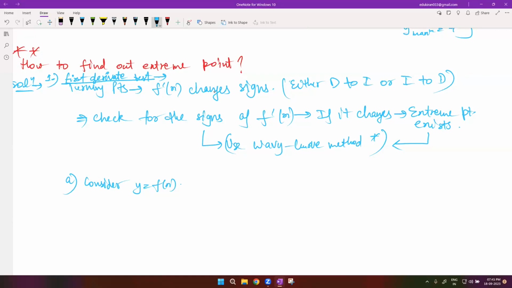And it was first increasing and then decreasing. If it happens, first increasing and then decreasing, you get a graph like this, right? It means that you get a point of local maximum.